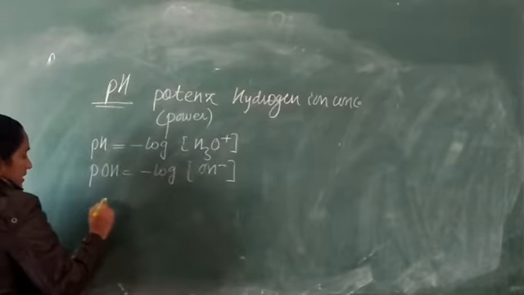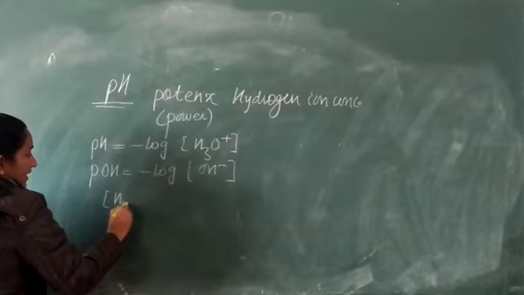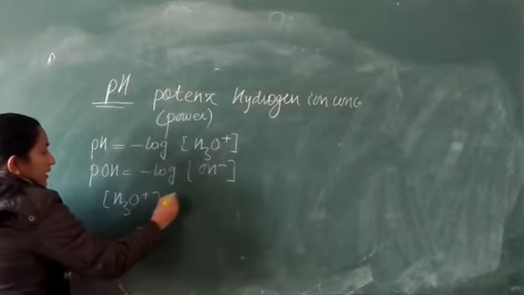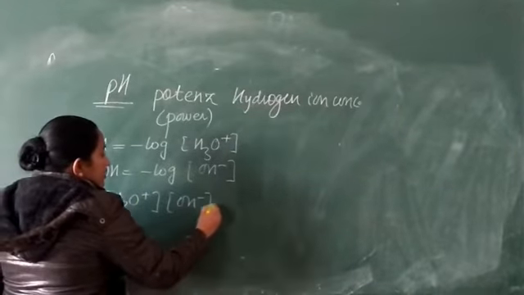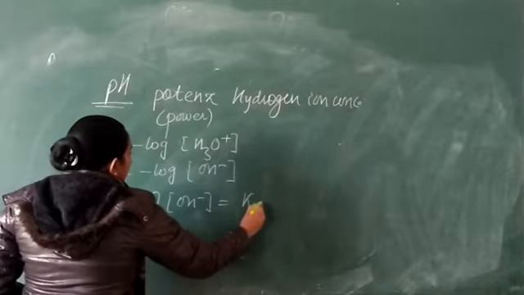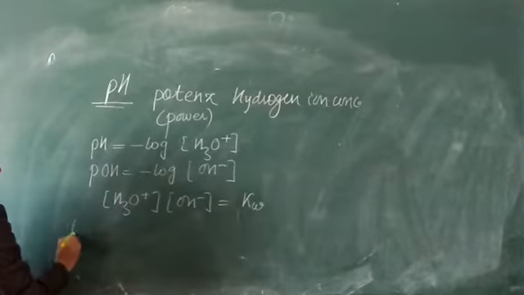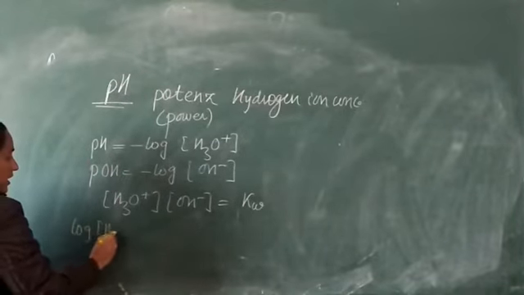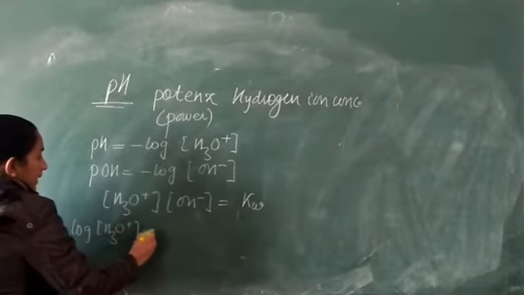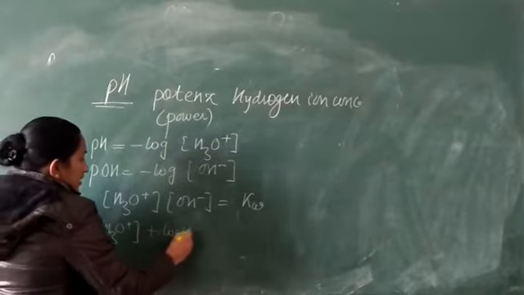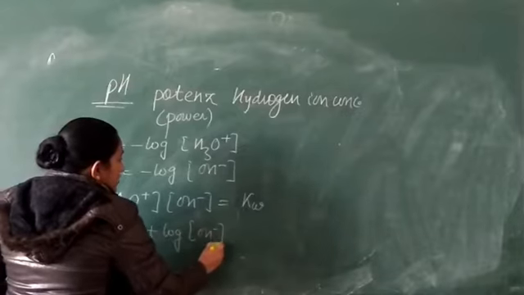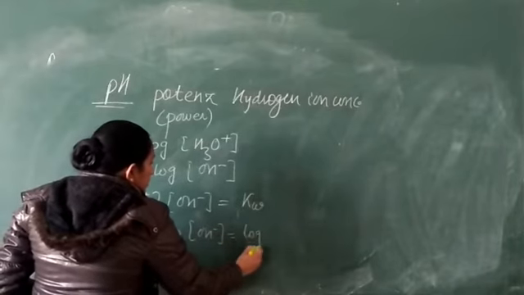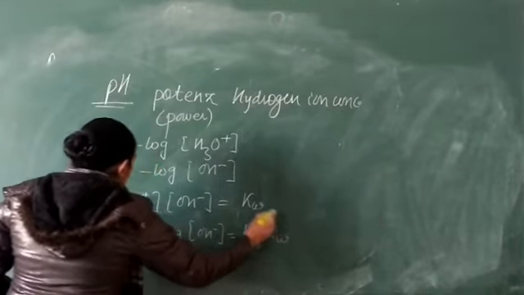concentration. Now, just see here that we have H3O positive times hydroxyl ion concentration equals Kw. Now, take log on both sides, so it will be log H3O positive plus log hydroxyl ion concentration is equal to log Kw.